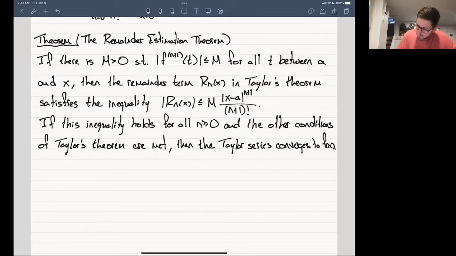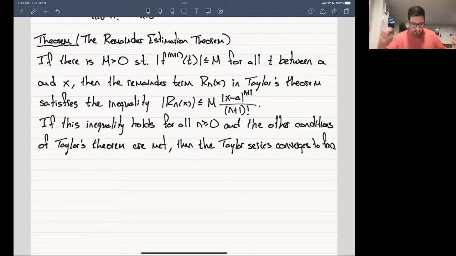Again, all this theorem is really doing is picking out what we already knew, or what we did with the previous example. It probably won't come as that much of a surprise, but it writes down explicitly everything that we were doing with that previous example.